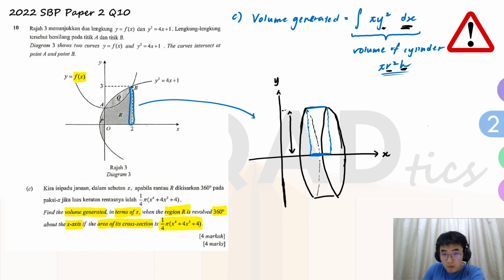So they assume the y coordinate is y and the center is at 0. So to find the radius, we just do y minus 0, which is y. And the height would be here. So they are finding the difference between these two coordinates. So we can denote this as dx, the difference between two x coordinates.